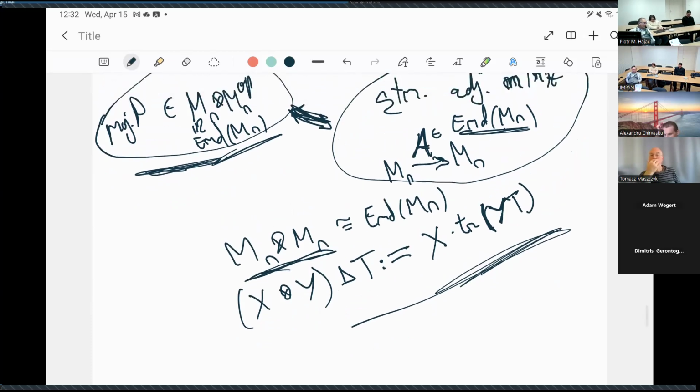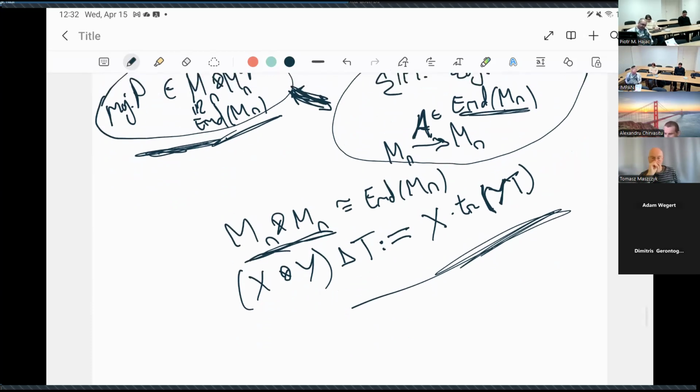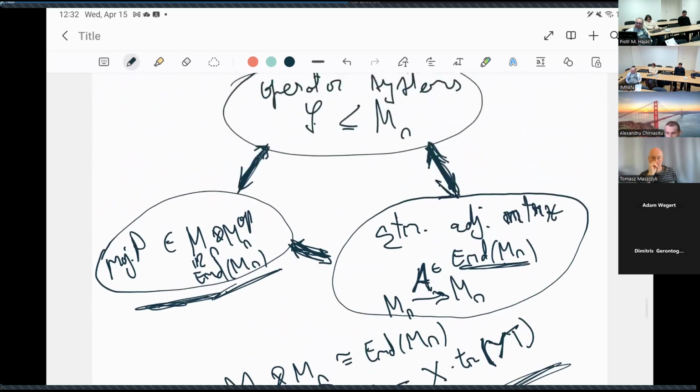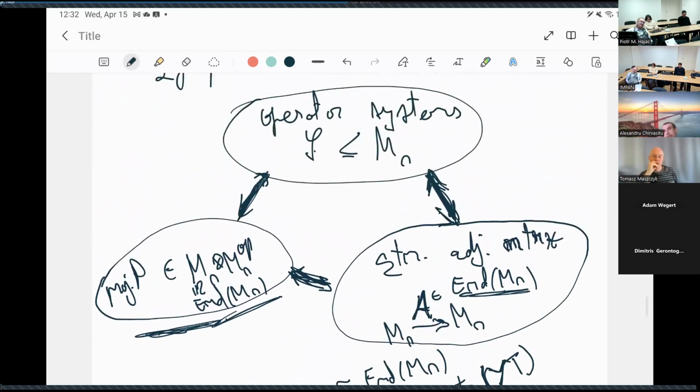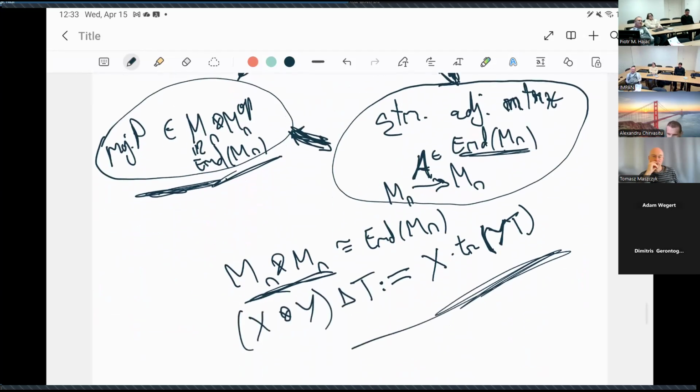I'll let you unpack that. In any event, these are the three ways you could think, but there might be others. The three ways relevant to this talk in which you can frame a quantum graph. It's better put that way.